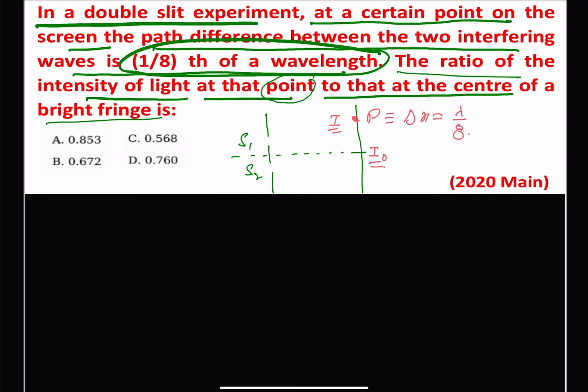So we start from the given path difference. We are given path difference, which is represented as delta x is equal to lambda by 8. And from here we can write our phase difference.